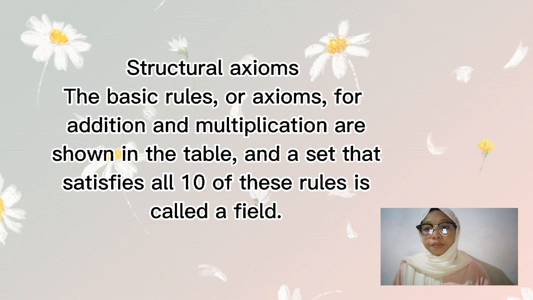For example, the set of integers, negative 2, negative 1, 0, 1, and 2, is a commutative ring with unity, but it is not a field because axiom 10 fails. When only axiom 9 fails, a set is known as a division ring or skew field.